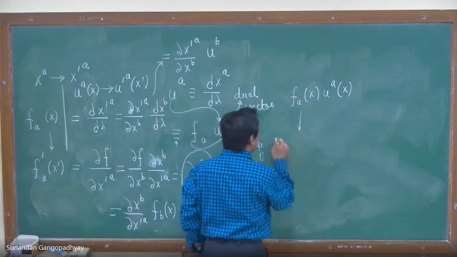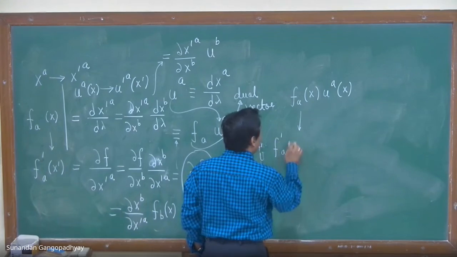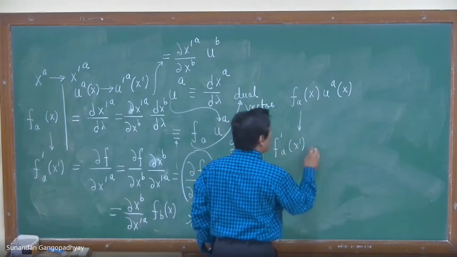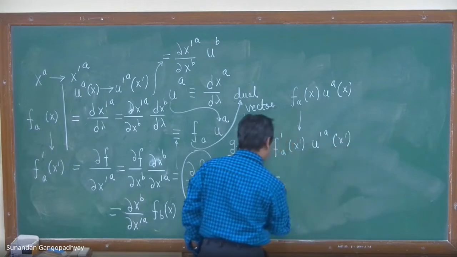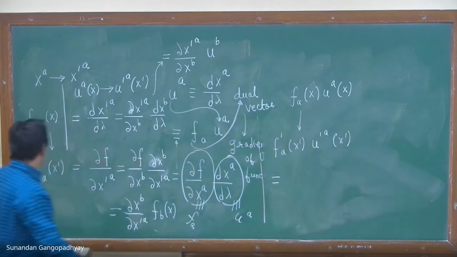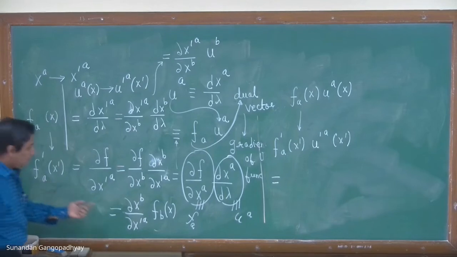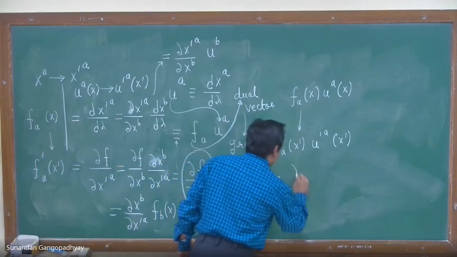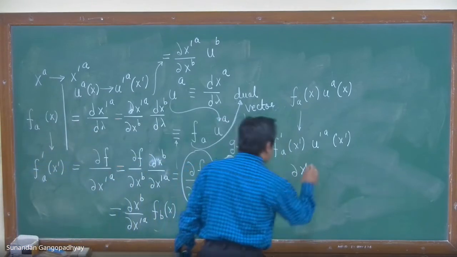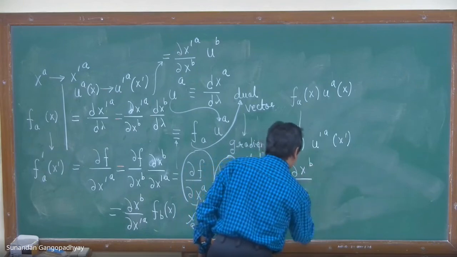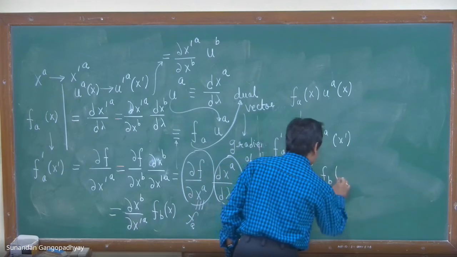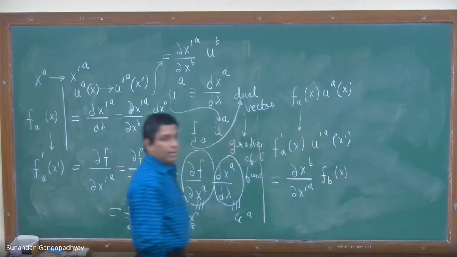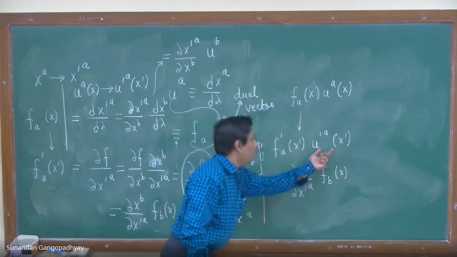So this will transform to f prime a x prime u prime a x prime, and that is equal to f prime a x prime that transforms like del x b del x prime a f b x. And how does this transform?